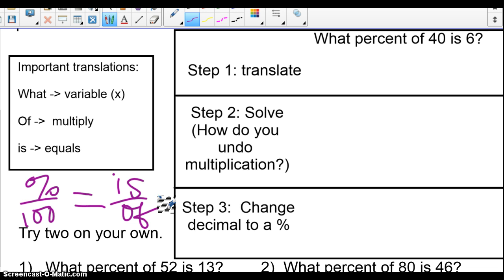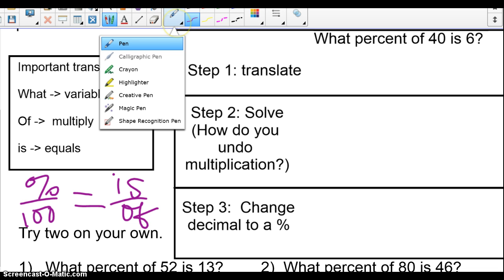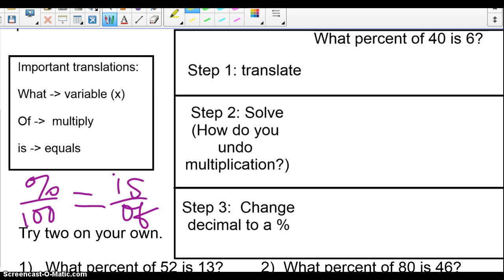So some things that you need to know are this. When you see the word what, that gets translated into a variable. I personally like to use X, but you can use whatever letter you want, anything except for O. Then the word of is going to mean multiply.